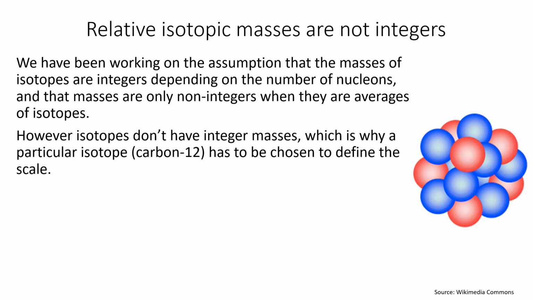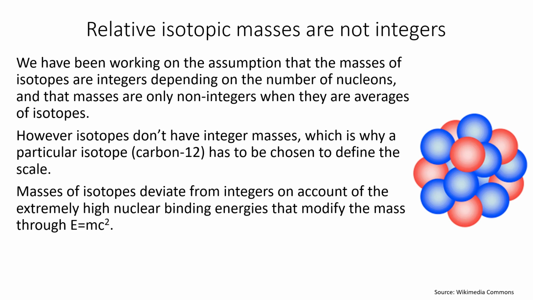So what's going on here comes down to the nuclear binding energies, those nuclear forces inside the atom that hold the protons and neutrons together, which are incredibly high energy things. So energetic, in fact, that we end up using the most famous equation in science, E = mc². Where you have these astronomically large nuclear binding energies involved, we find that they start affecting the mass of the nucleus through our E = mc² equation.